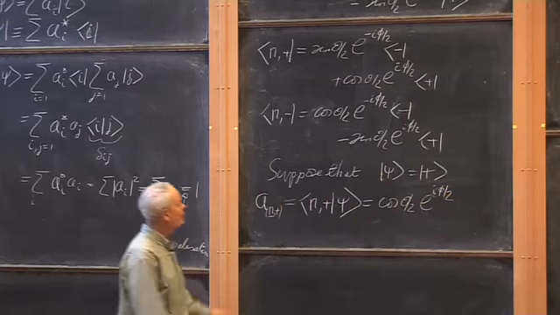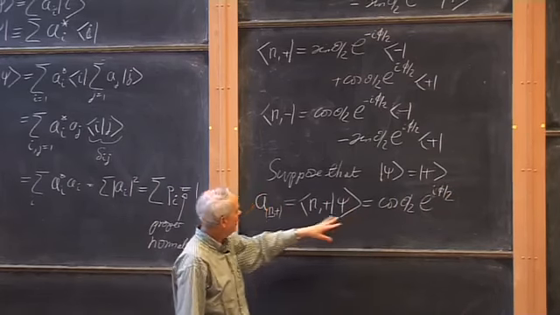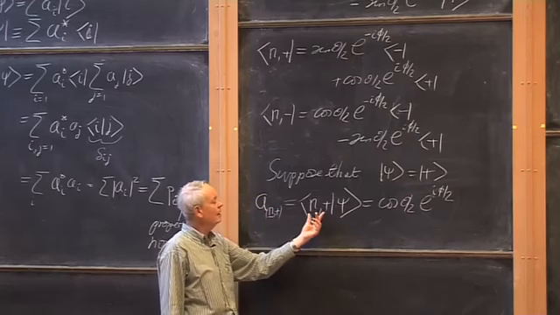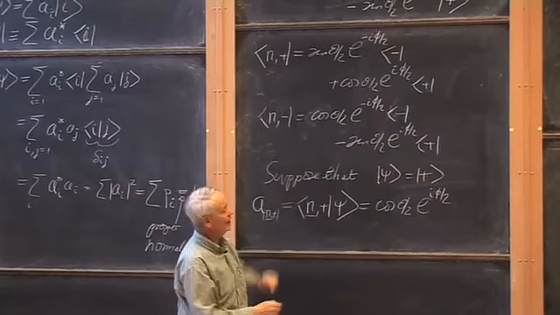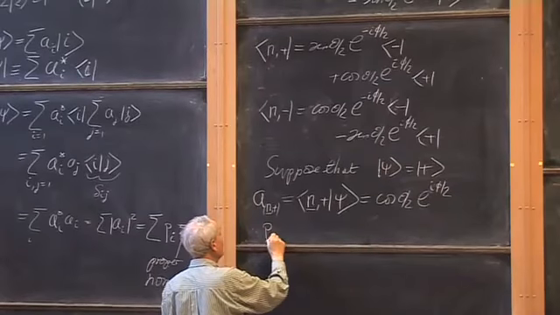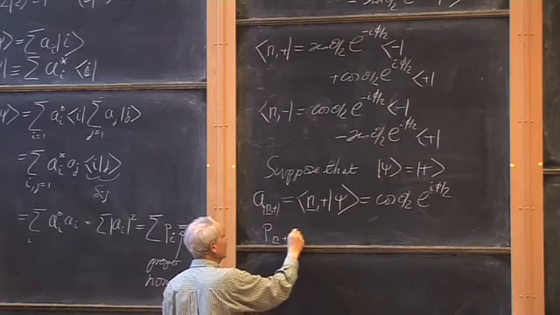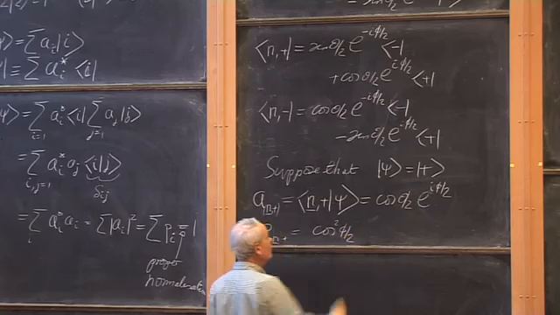So that's the amplitude to measure, this complex number is the amplitude to measure that the spin is along the vector n, where theta and phi are the angles which define n, which means that the probability of measuring plus on n is simply cos squared theta over 2.